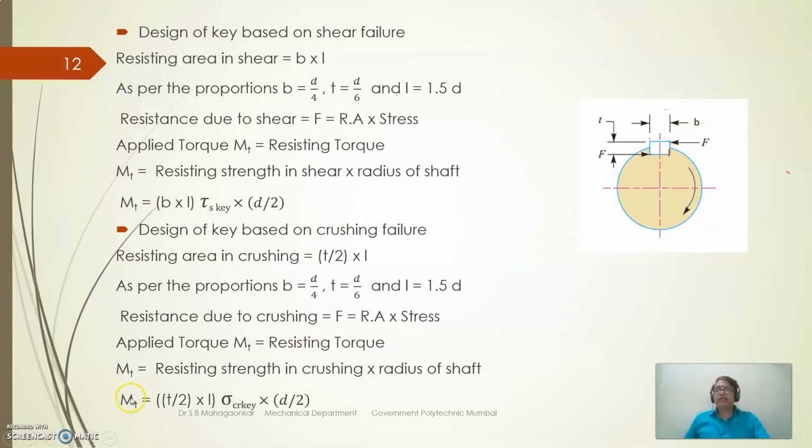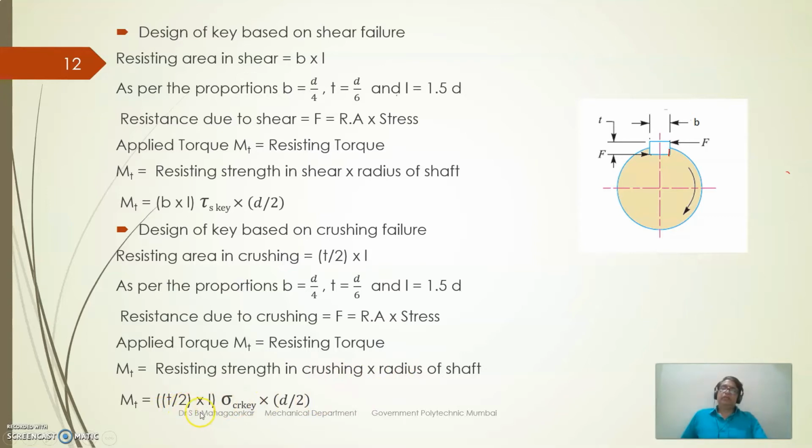So what you will get is Mt, the applied torque, is equal to the resisting torque, and the resisting torque is nothing but the resisting strength in crushing into the radius of the shaft.